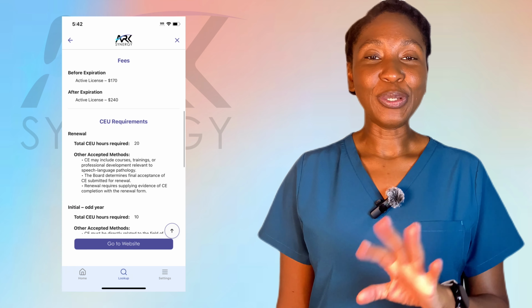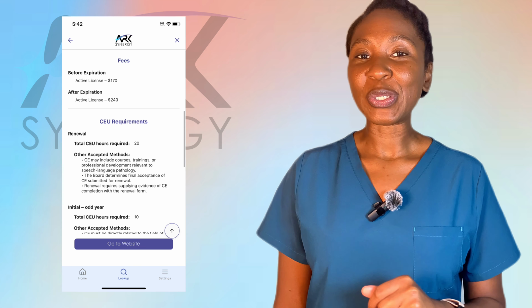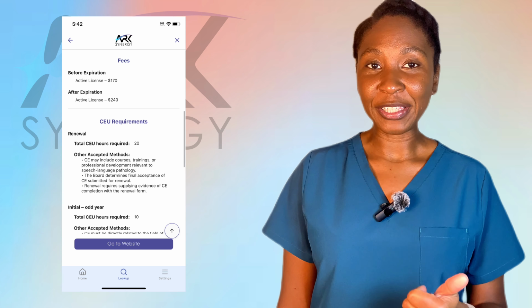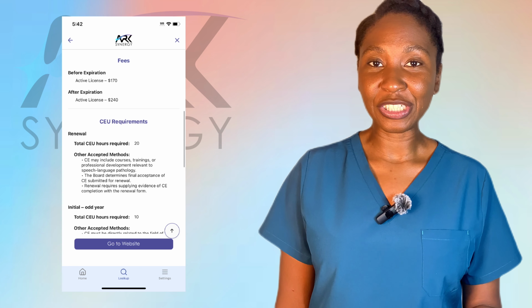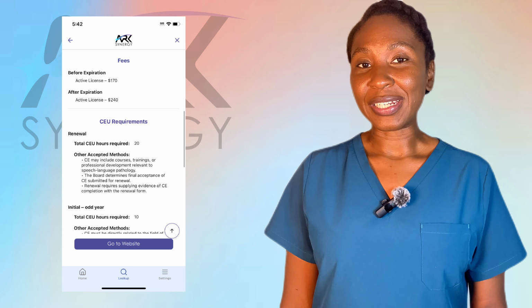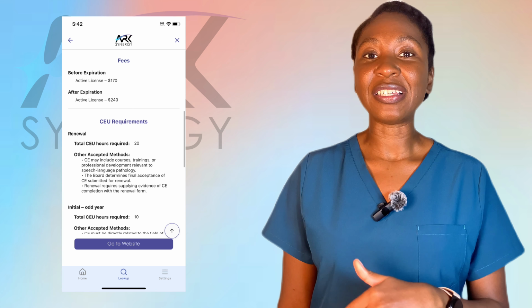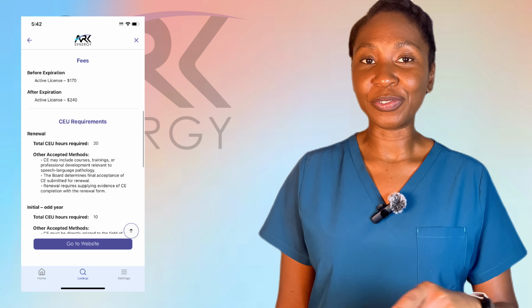For renewal, New Mexico requires 20 total CE hours. So your CE activities need to be relevant to speech language pathology and the board. The board makes the final decision on what is accepted. So you will also need to submit proof of CE completion with your renewal form.